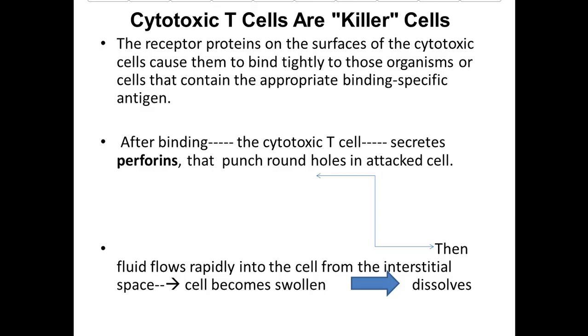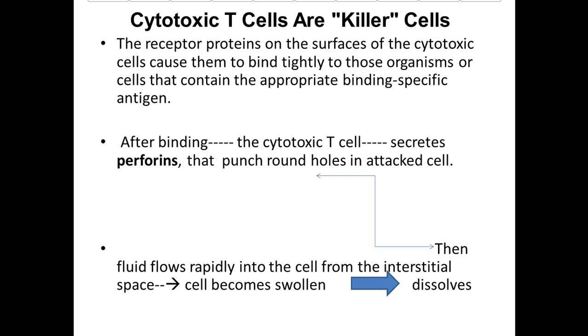Cytotoxic T cells are killer cells. The receptor proteins on the surface of the cytotoxic cells cause them to bind tightly to those organisms or cells that contain the appropriate specific antigen. After binding, the cytotoxic T cell secretes perforins that punch round holes in the attacked cell.